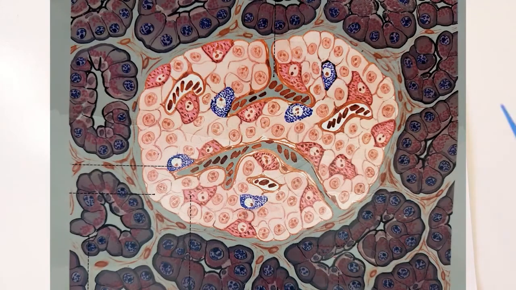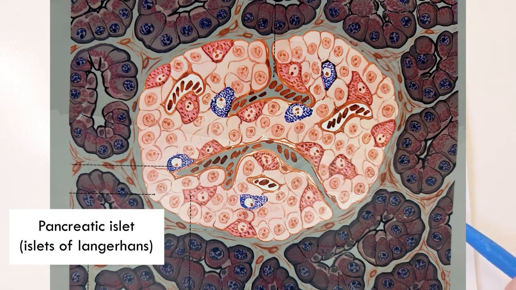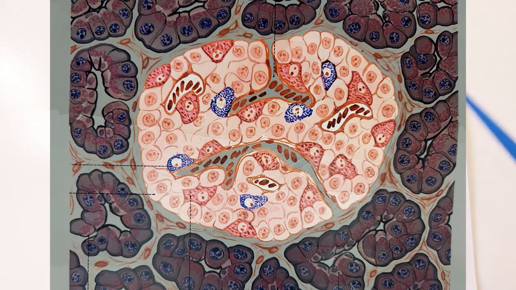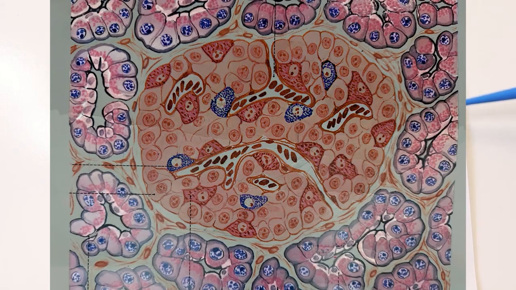So this image in the middle is an image of the pancreatic islet, or the islets of Langerhans. There's many of these scattered throughout the pancreas. And then outside, on the edges of the islet of Langerhans, we have exocrine glands, again, part of the pancreas, but they are exocrine glands.